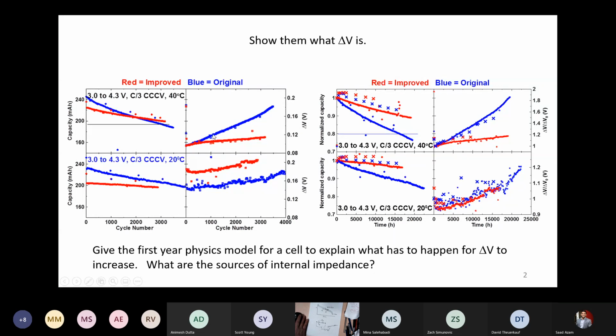So here in these experiments, we're learning about the internal impedance of the cell from direct current measurements, not from alternating current measurements. So impedance spectroscopy involves applying an alternating voltage to the cell and measuring the response at the same frequency.